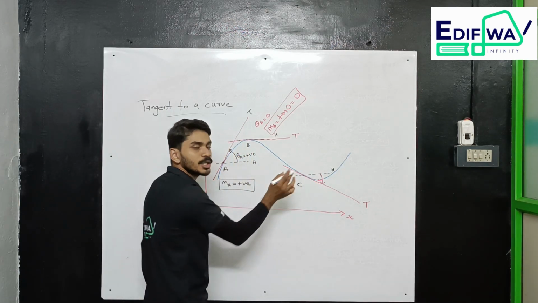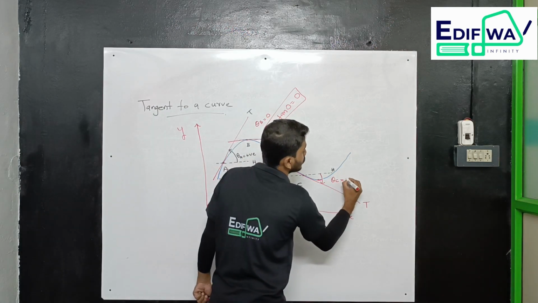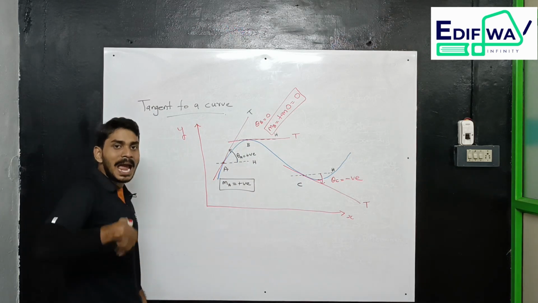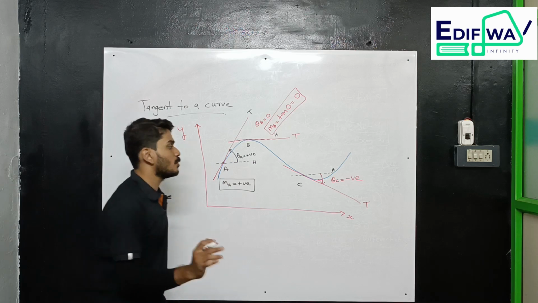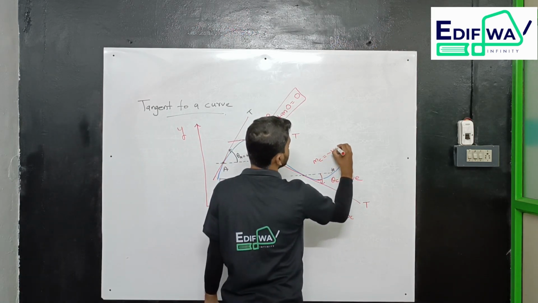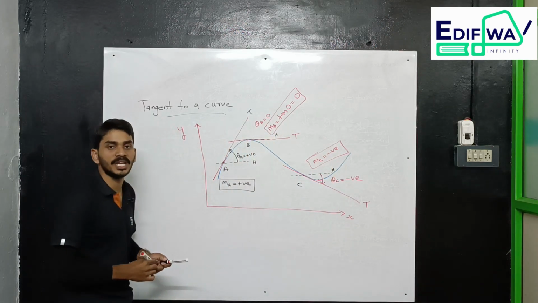Then that should be measured in the clockwise direction, so that theta C becomes negative. If the angle is negative, then the tan value is definitely negative, which means the slope at C is going to be negative.